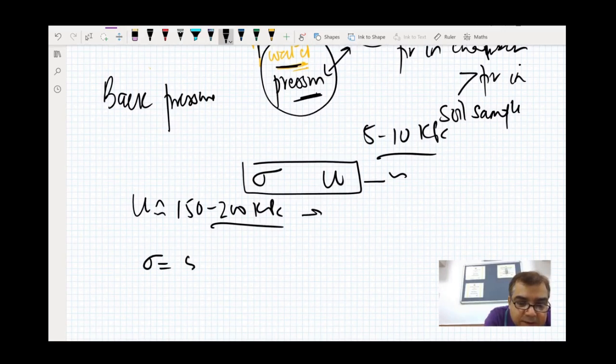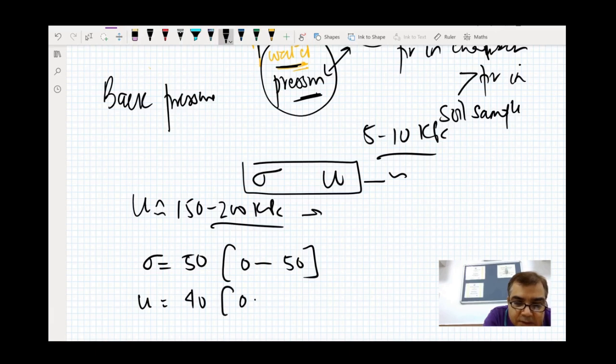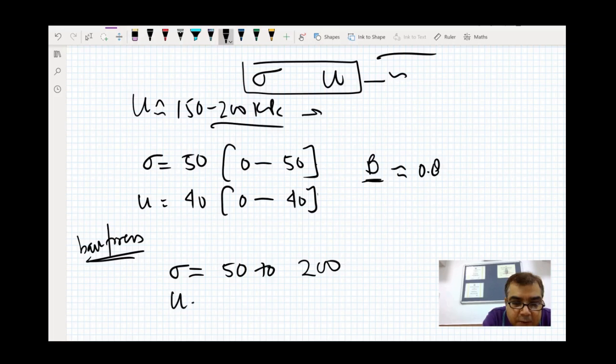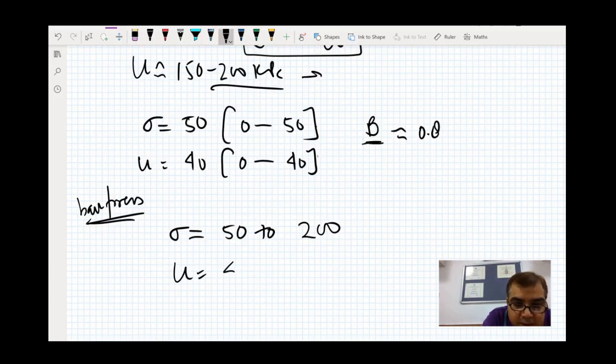So coming back to those numbers again, remember over here my sigma value was 50 because I started from 0 and I went to 50, and my pore pressure was 40 because I started from 0 and it went to 40. And my pore water pressure increased from 40 to the value of the back pressure.